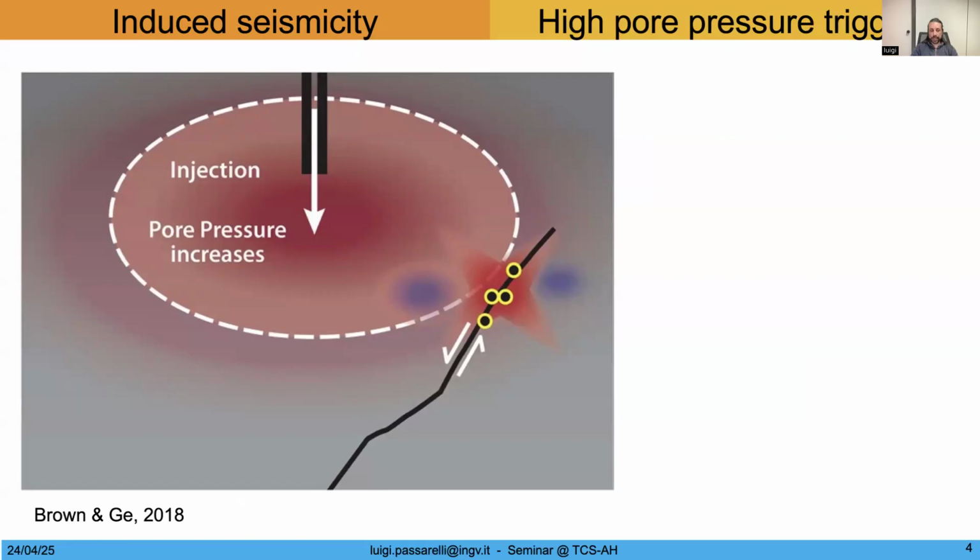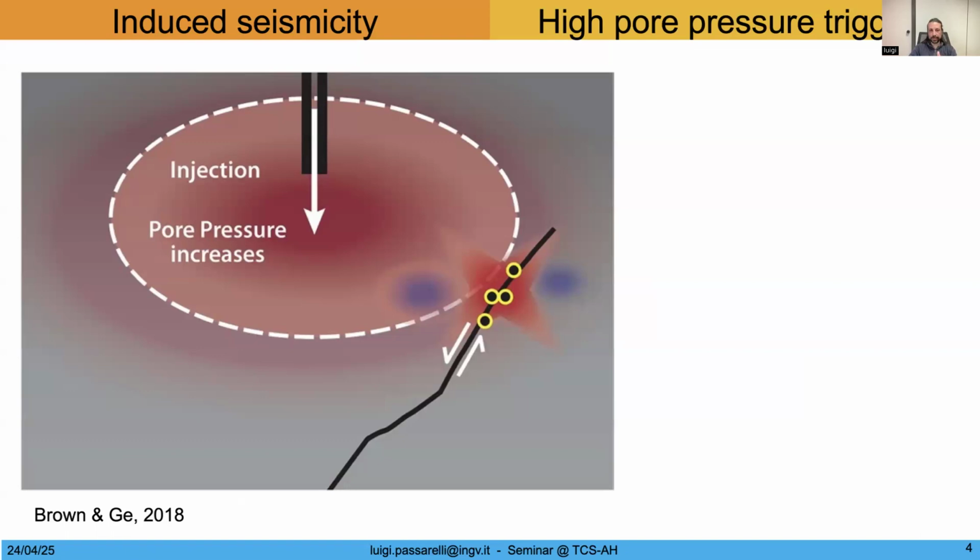You locally increase the pressure, you generate a pressure field that is propagating in the medium, and while propagating, it's increasing the pore pressure. If you are on a fault, this increasing pore pressure will diminish the effective normal stress, so yielding a fault which is critically stressed to slip.